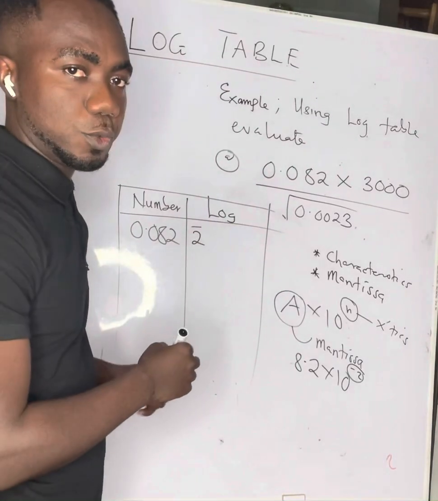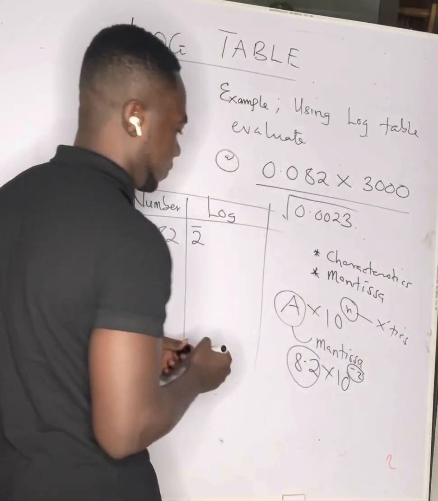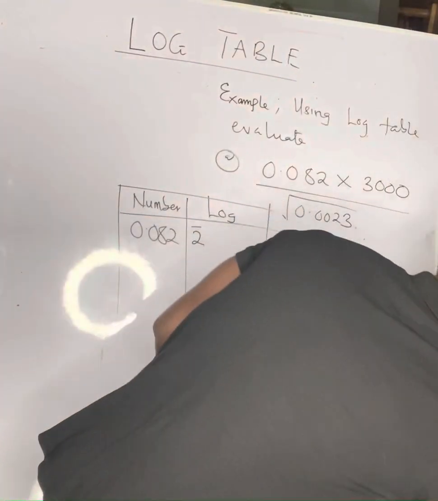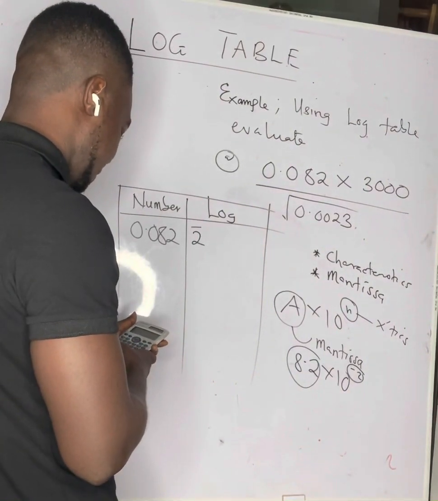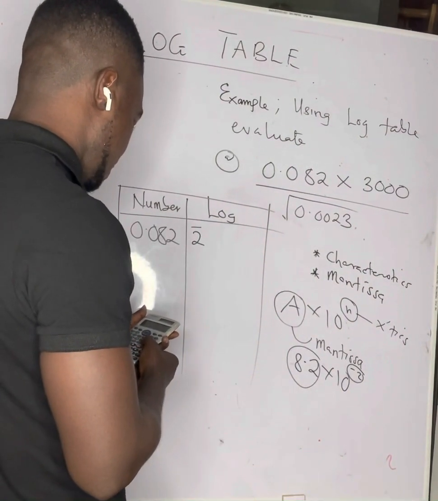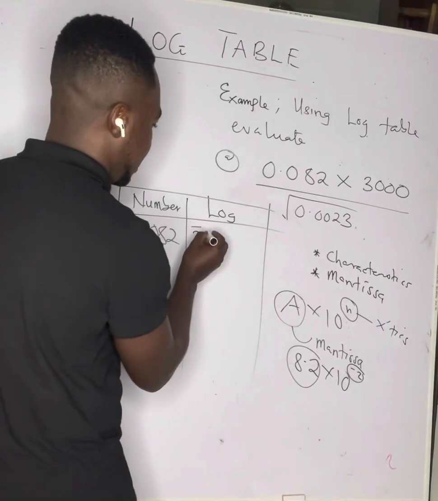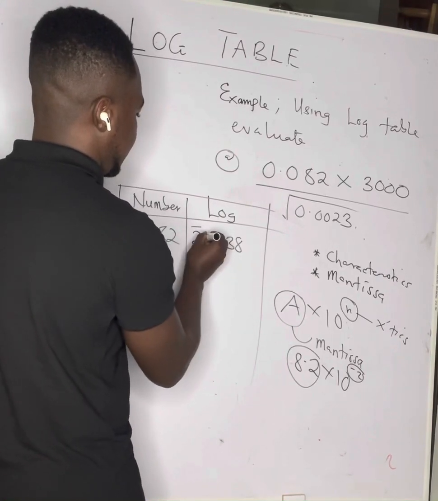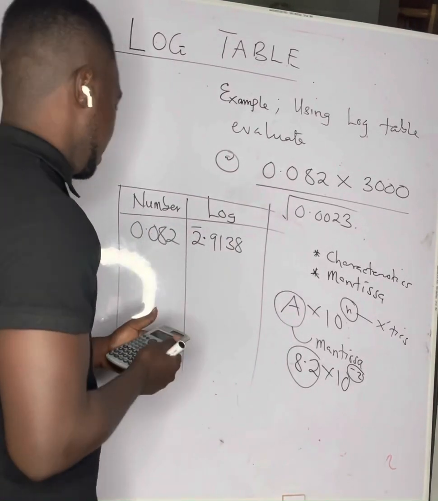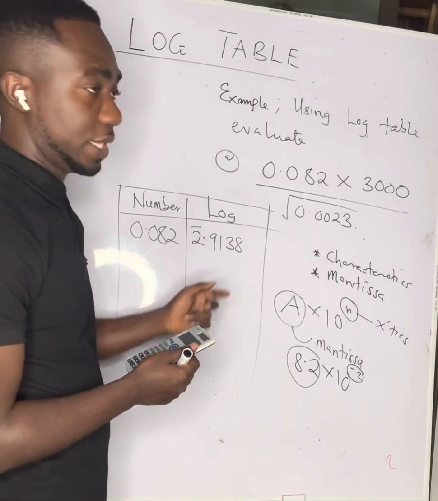So negative 2 against log of this, the 8.2. So log of 8.2 will give you the Mantissa. So log of 8.2 will give you 0.9138. So it will be attached to this: 9138. But this is log of 0.082, negative 2.9138.